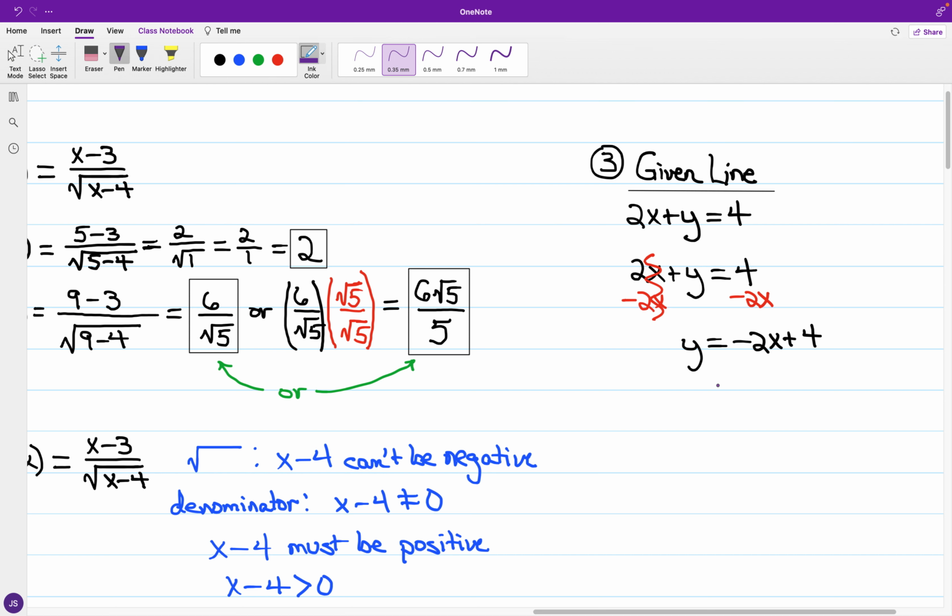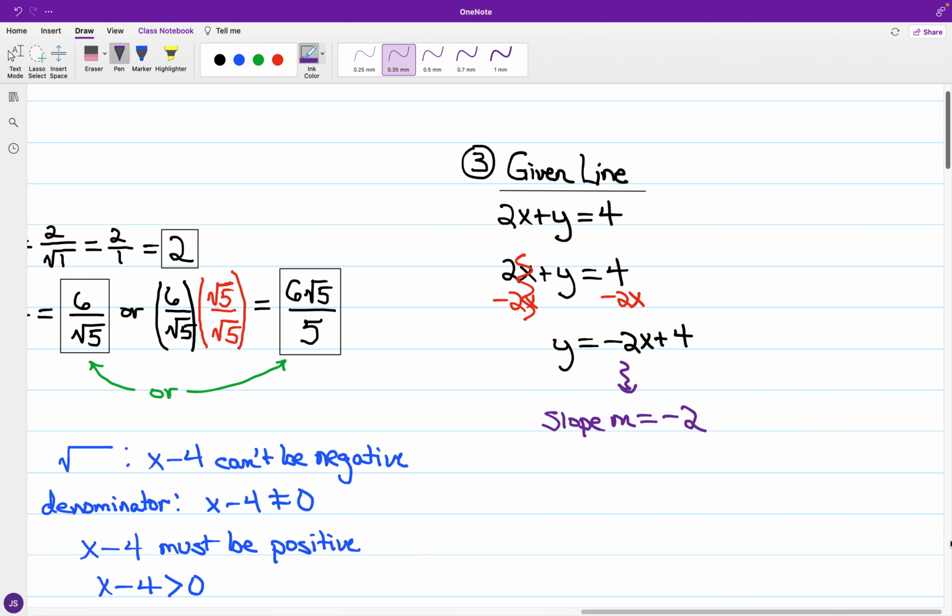And so with the slope-intercept translation for the given line, I have that the slope m is equal to negative 2.